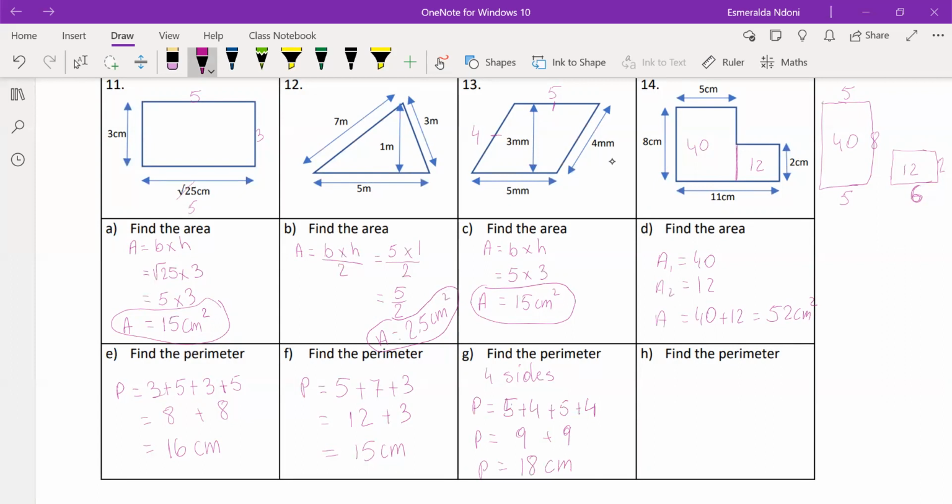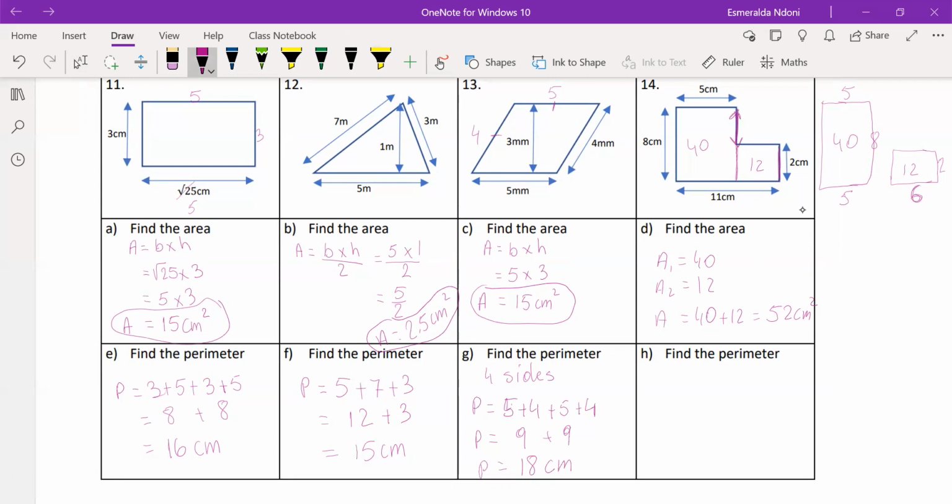We are on to the last question. This is a little bit more difficult because we have a couple of missing sides here. If you look here, I can see that this shape has 6 sides: 1, 2, 3, 4, 5, 6. But they don't have numbers, so you need to find the numbers. If this is 2 standing up, how many more do you need to stand up here so that when you add them together, it gives you 8?